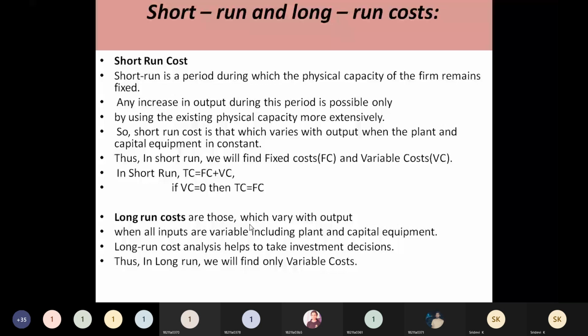For that, long run cost will help you. So in the long run, we see only variable costs. TC, total cost, is equal to variable cost, because fixed cost also changes and is converted into variable cost. So you cannot see fixed cost in the long run.